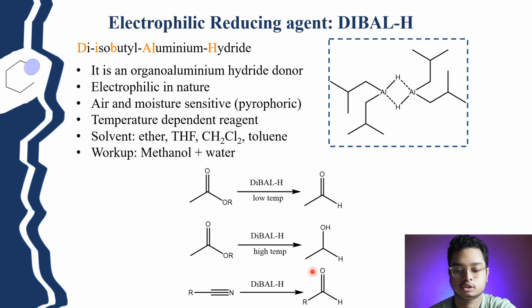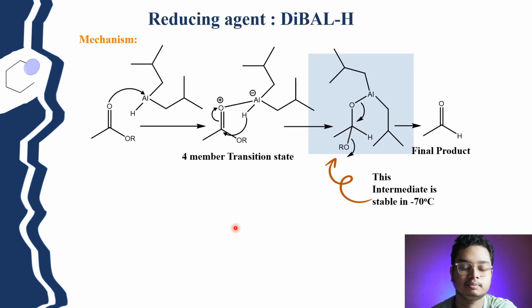Let us understand the mechanism of this reaction. First, we know that Al is electrophilic in nature. That means the lone pair of this oxygen will donate to Al to generate this type of bond. The hydride now comes in close proximity to this carbonyl carbon.